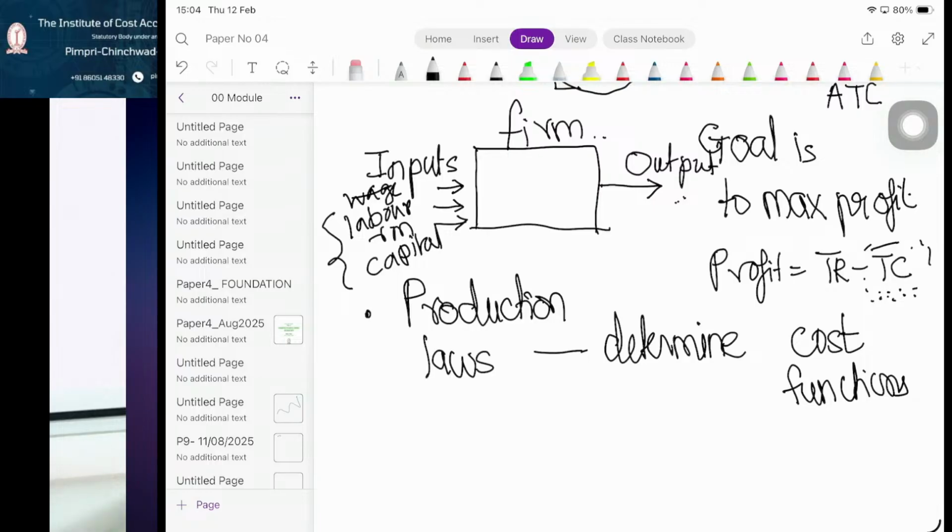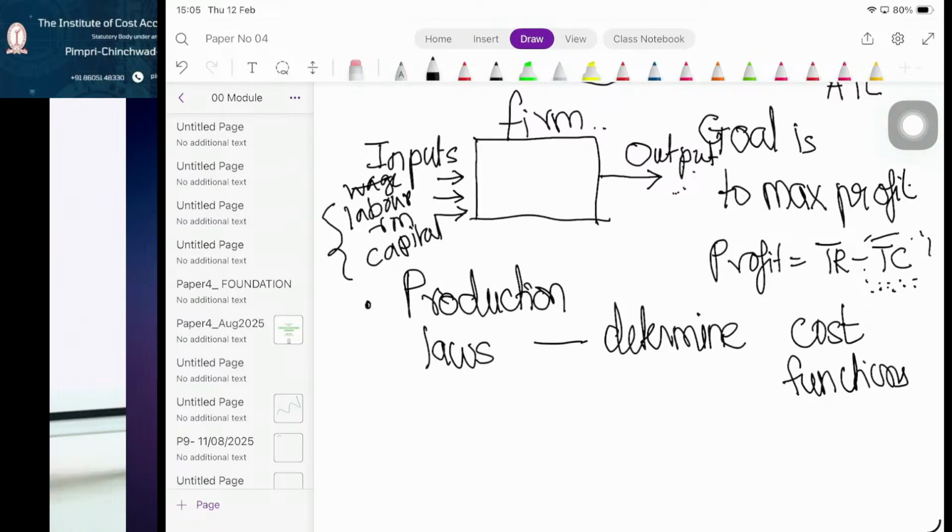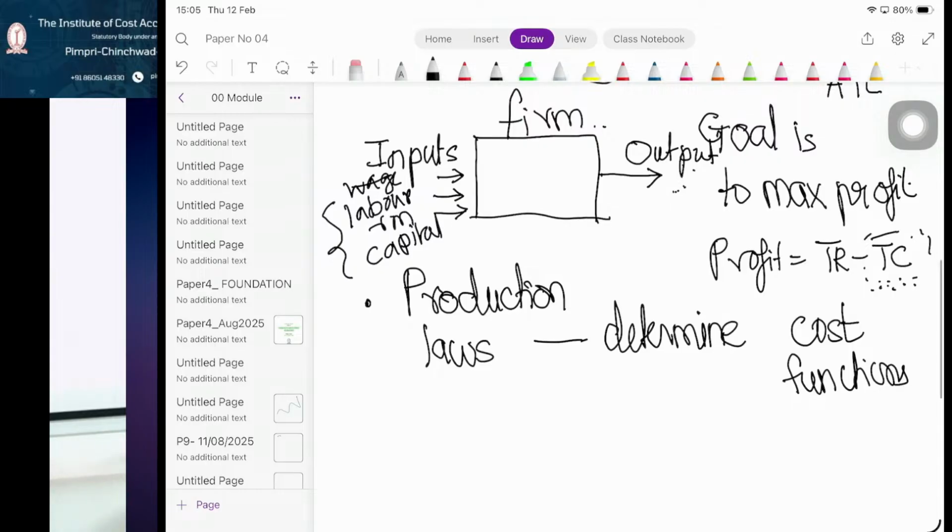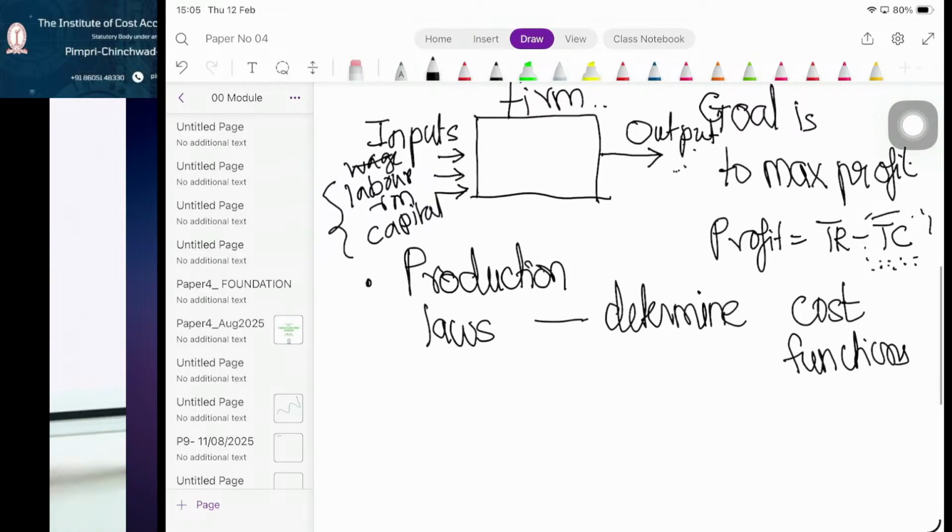Just keep one thing in mind. The form of output generally is very different from the inputs. For example, in a car company, the inputs are steel, iron, rubber, wheels, various spare parts that are used in a car, and the output is a car. That car is very different from its inputs. This kind of thing becomes very critical when we discuss what exactly production is.